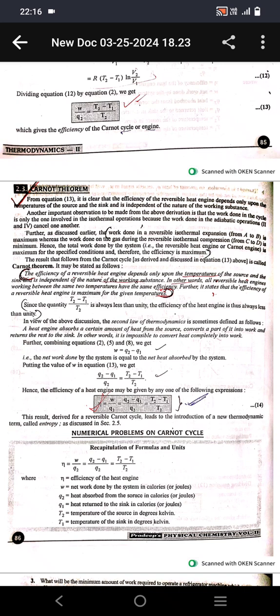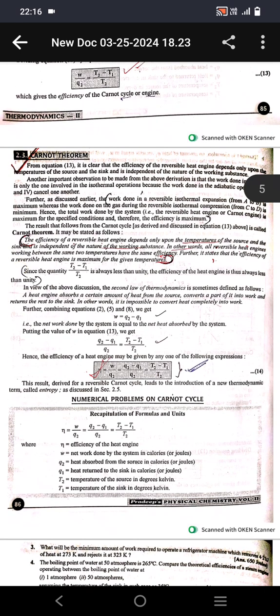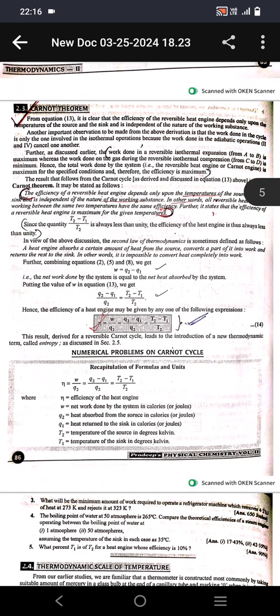In other words, it is impossible to convert heat completely into work. The result derived for a reversible Carnot cycle leads to the introduction of a new thermodynamic term called entropy.